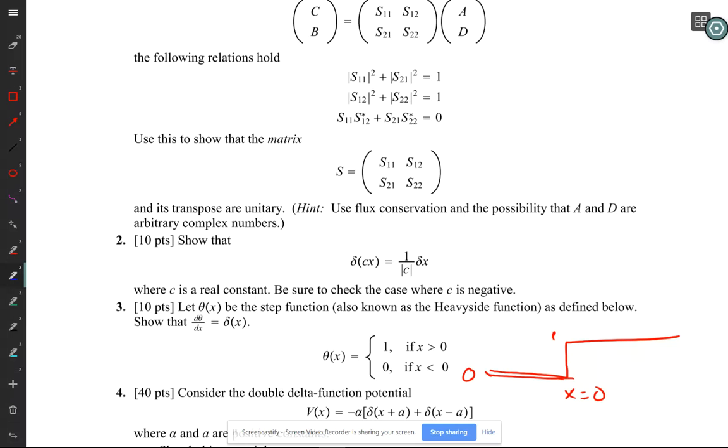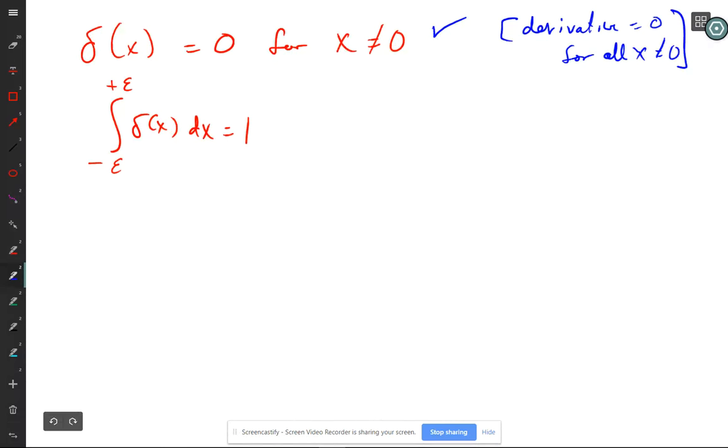Now we have the second part, the integral. Well, the integral of the delta function is 1 if we go from minus epsilon to plus epsilon, where epsilon is some small value.